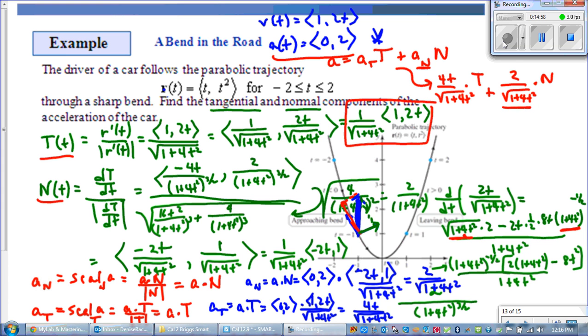So this is the quantity in the normal direction, and this is the quantity of acceleration in the tangent direction. So we've just decomposed that acceleration vector into the two components, and that's the quantity of each of those two vectors that would make that acceleration vector.